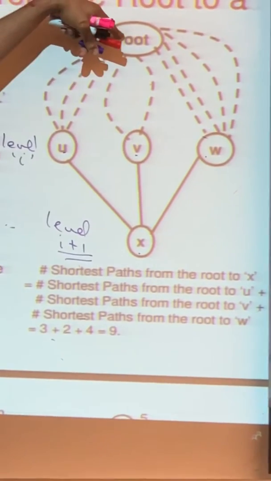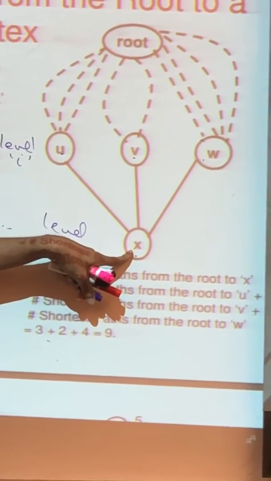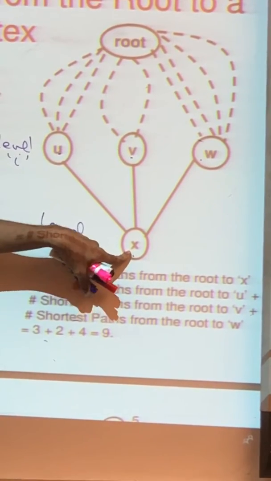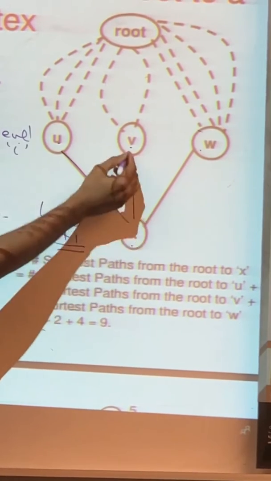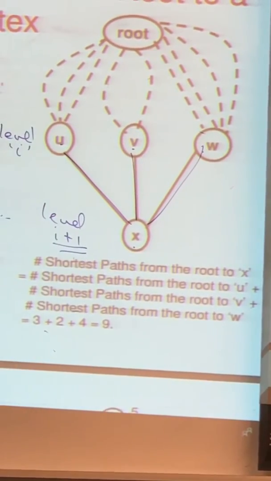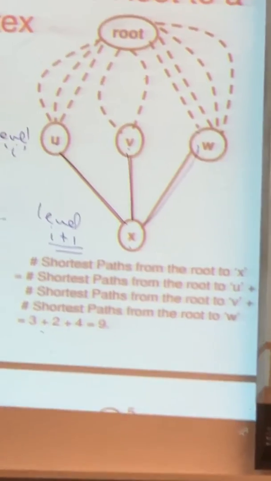So the number of shortest paths from the root to this X is going to be what? Any idea? X is connected to U, V and W, right? So you can reach X through all those shortest paths.